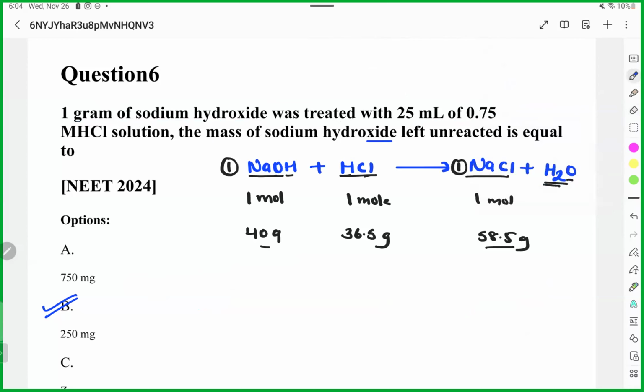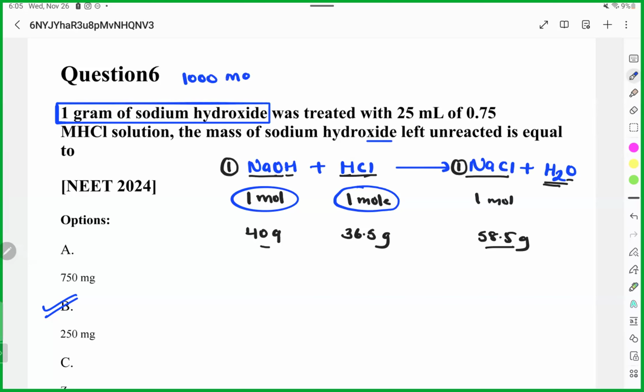Okay, Pratigya. So we know if we take 1 mole of HCl, there will be 1 mole of NaOH. Correct? Here you have 1 gram of hydroxide. Can you write this 1 gram as 1000 milligram? Same meaning. Yes, sir. 1 gram is equal to 1000 milligram.